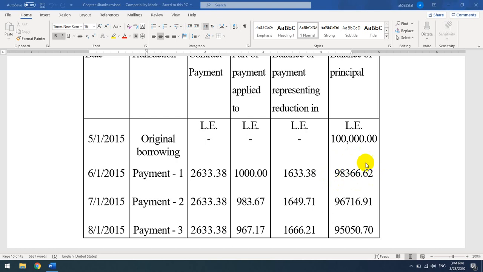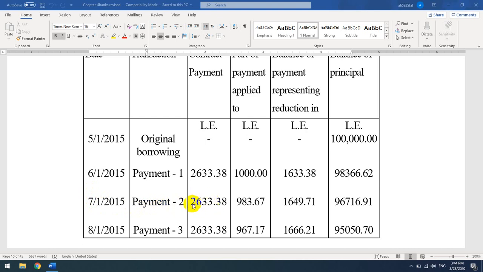This will be the balance of the mortgage loan on June 1st.